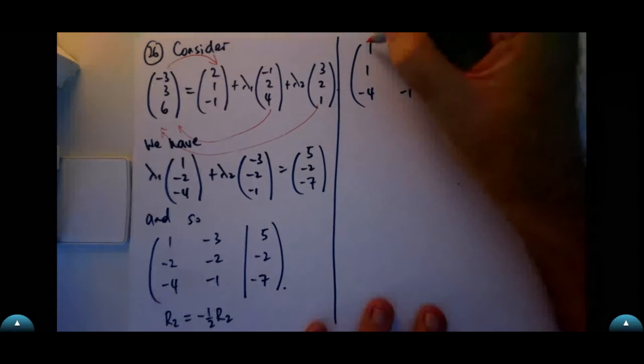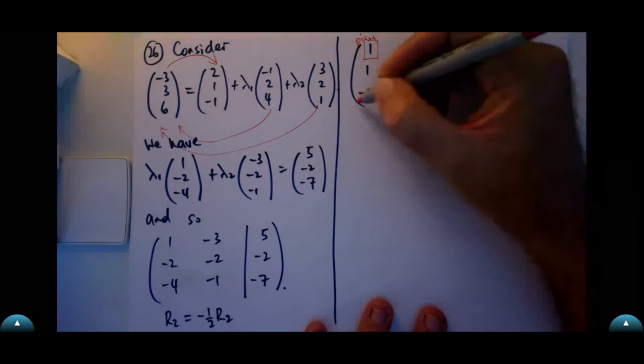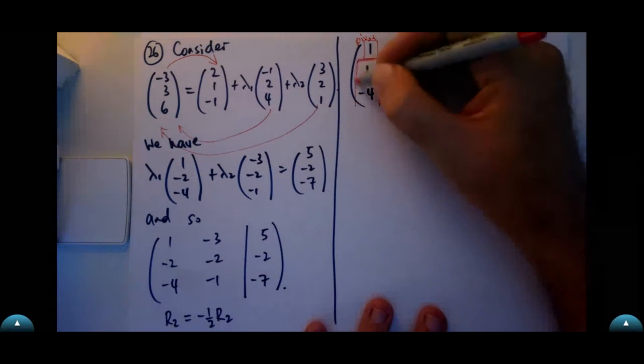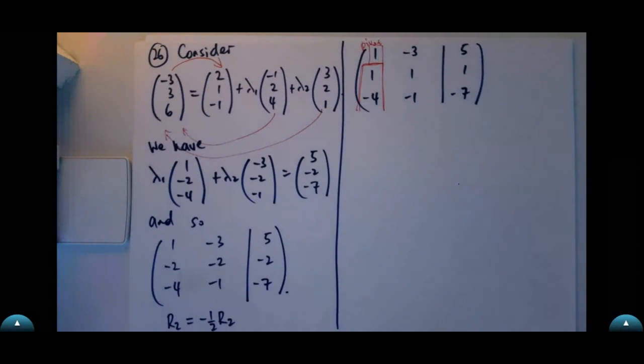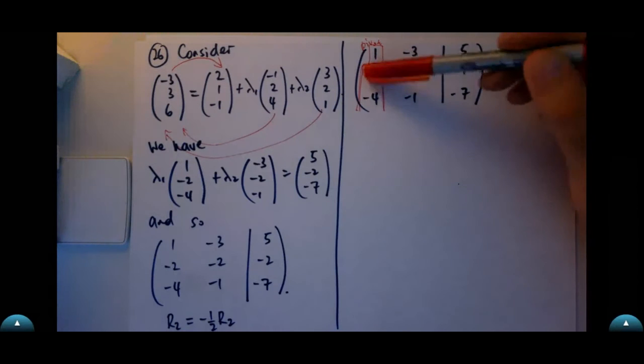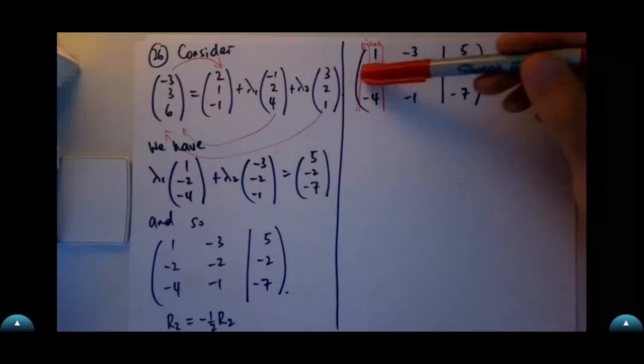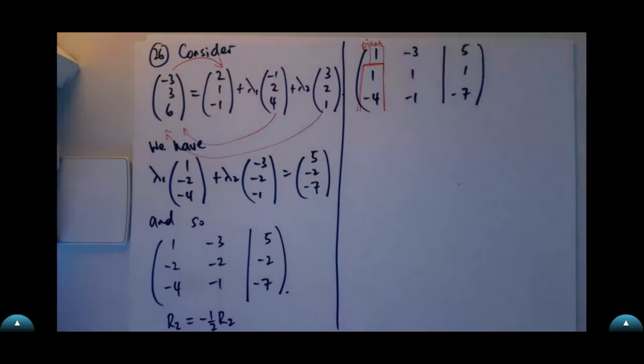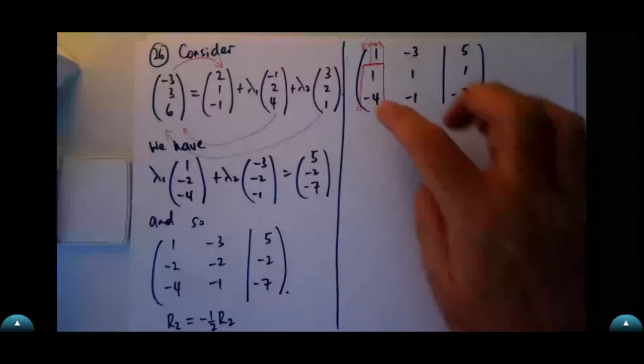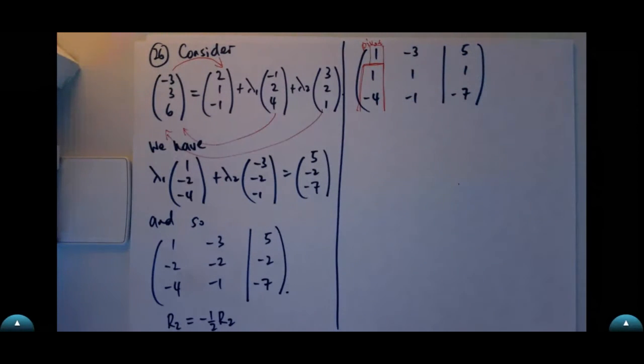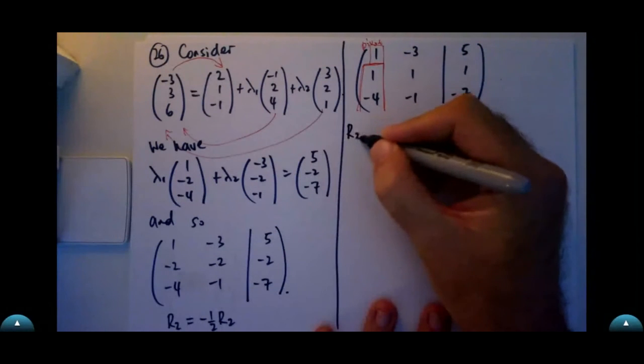And so now this is going to be your pivot entry, and I want to annihilate everything underneath that to a 0. So that you want that to be 0, you want that to be 0. So row 2 is going to become row 2 minus row 1. Row 3 is going to become row 3 plus 4 times row 1.